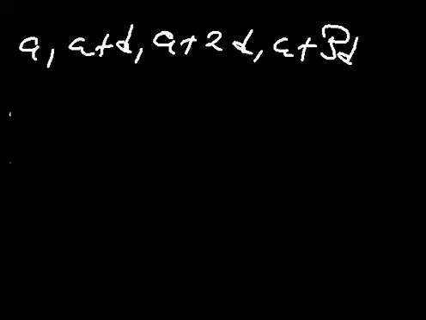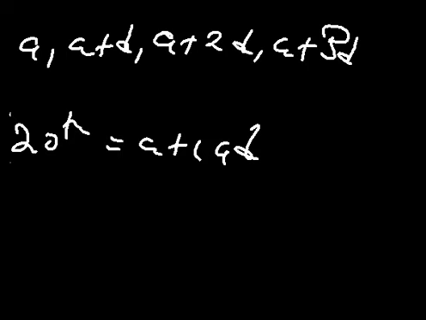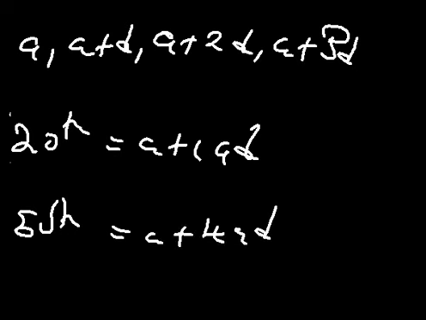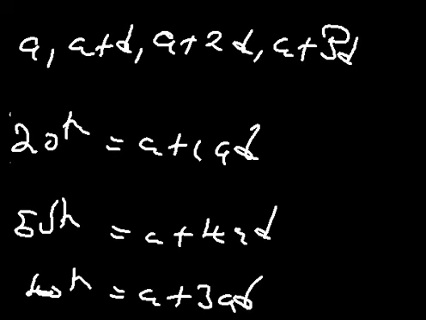So in this case, even the 20th term we'll have as a plus 19d. Let's say the 50th term we'll have as a plus 49d. How about, let's say, the 40th term? We'll have it as a plus 39d. So it should be 39d. And likewise, the nth term we'll have as a plus (n minus 1)d.